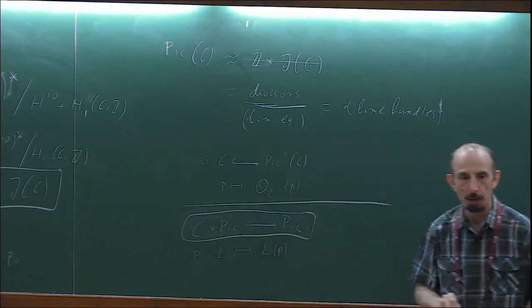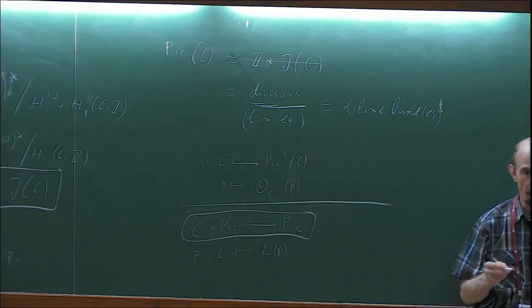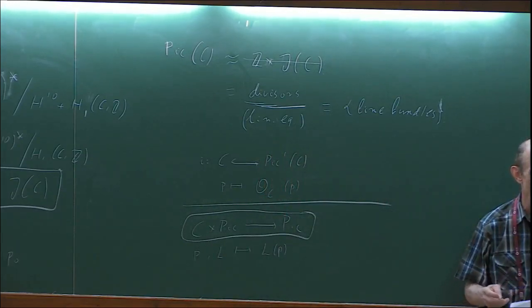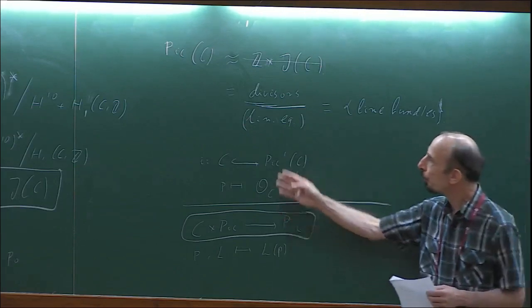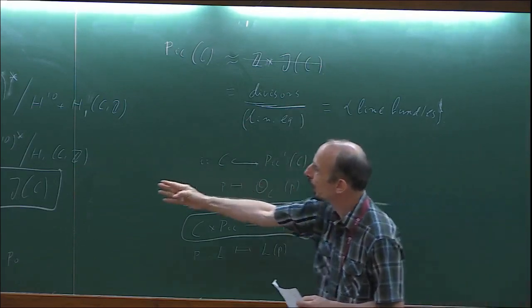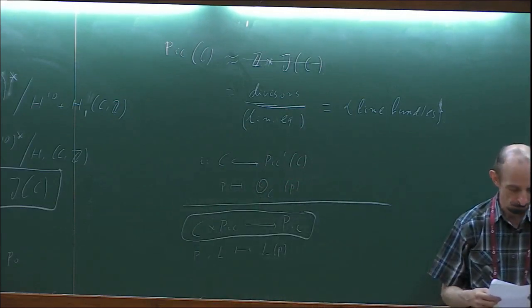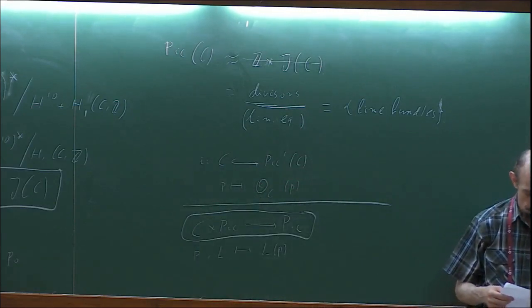This version is the one that will generalize best to the non-abelian case. This will become the Hecke correspondence. But it's essentially equivalent to this inclusion here or to the Abel-Jacobi map over there. They're all the same. Okay.